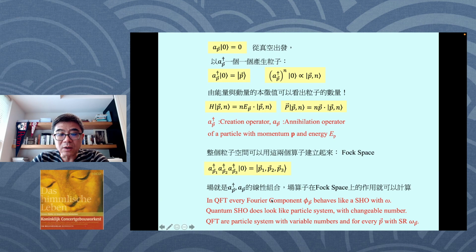If you combine these 2 statements, you arrive at the conclusion of the day: quantum field theories are particle systems with variable number, and for every p with special relativity, omega p. So quantum field theory becomes a particle system. That's the key observation, and therefore it becomes the cornerstone of all modern particle physics.